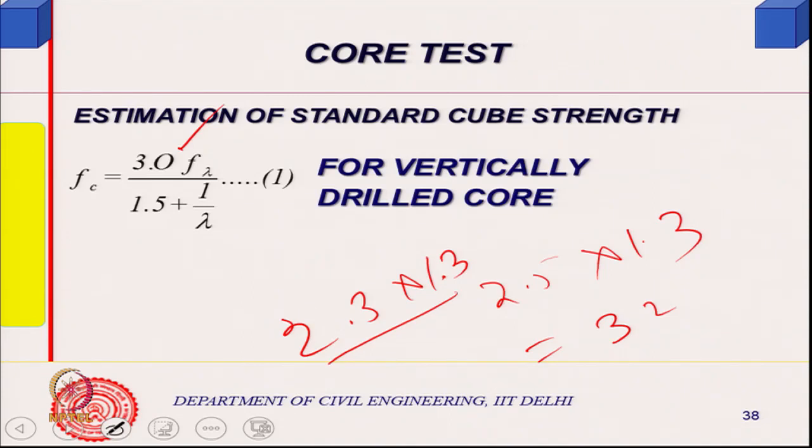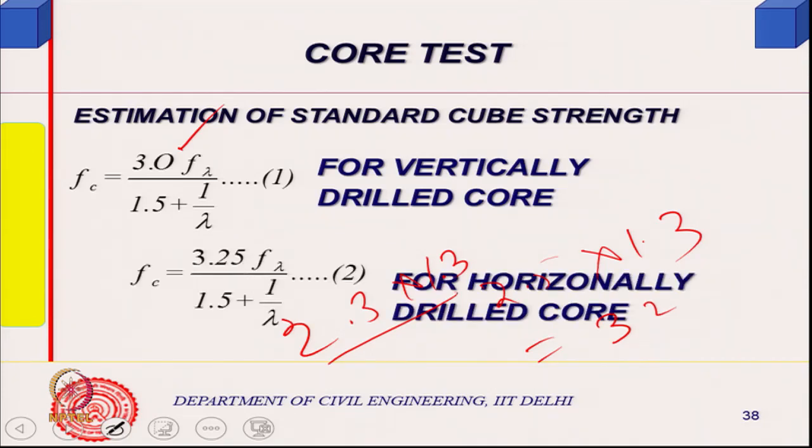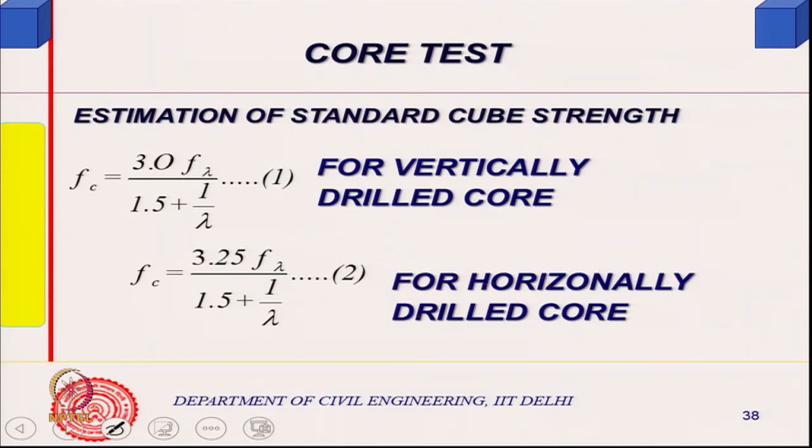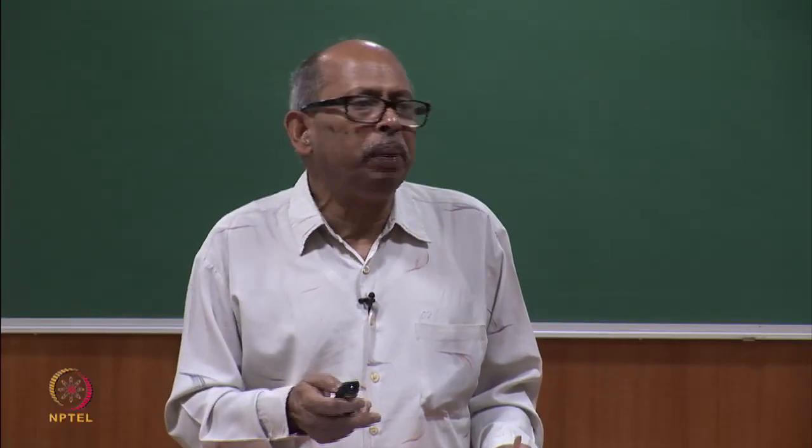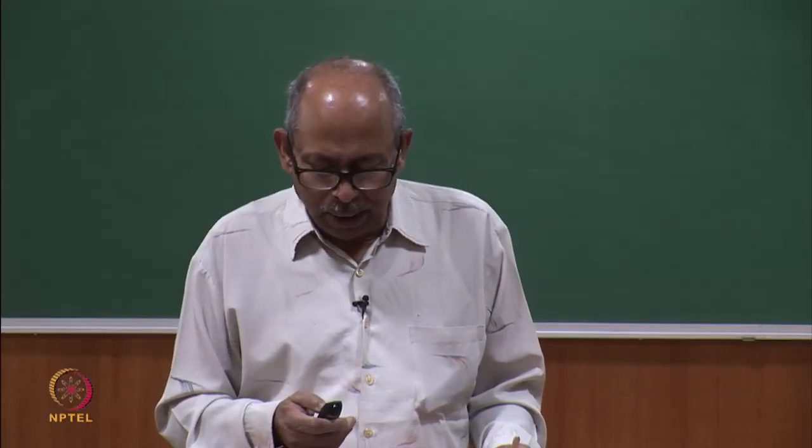So, for vertically drilled core, this is the scenario, and for horizontally drilled core, that is the scenario. This is one of the suggestions and one can use it, but it is not to be used much, as better ways are there which we will discuss. So, this is how you can find out from British considerations.